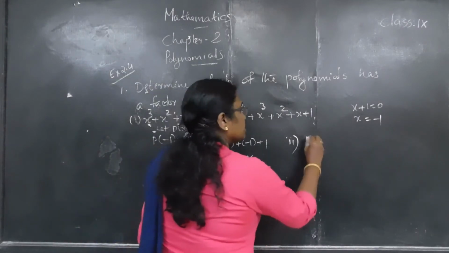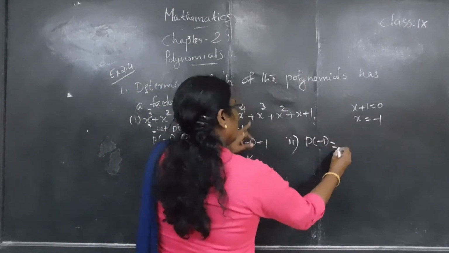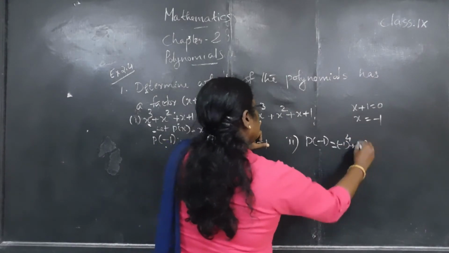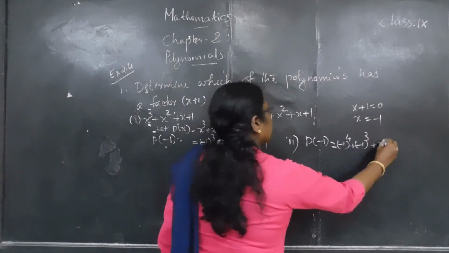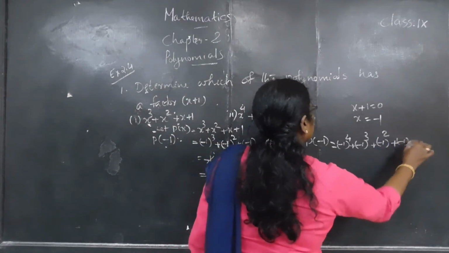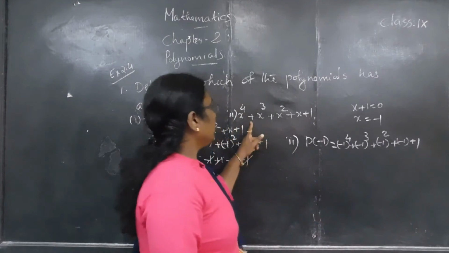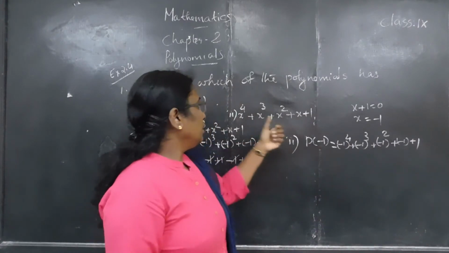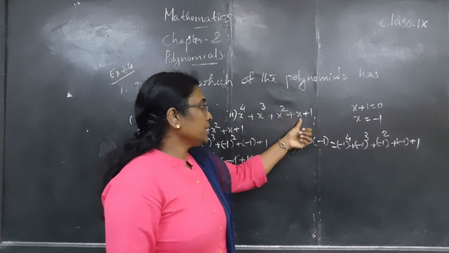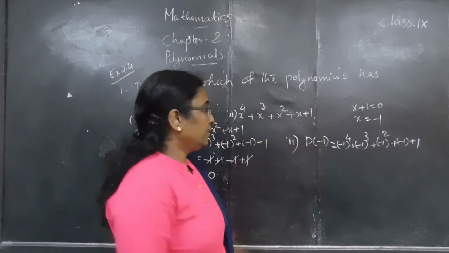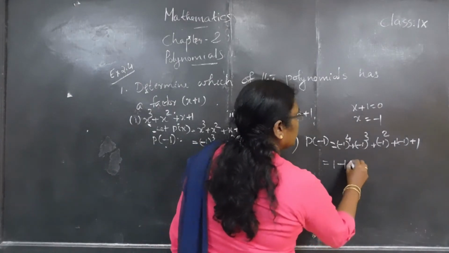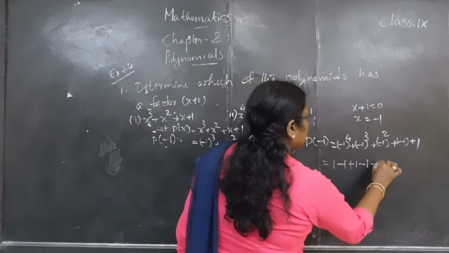P(minus 1) equals (minus 1) to the power 4 plus (minus 1) cubed plus (minus 1) squared plus (minus 1) plus 1, which equals 1 minus 1 plus 1 minus 1 plus 1.